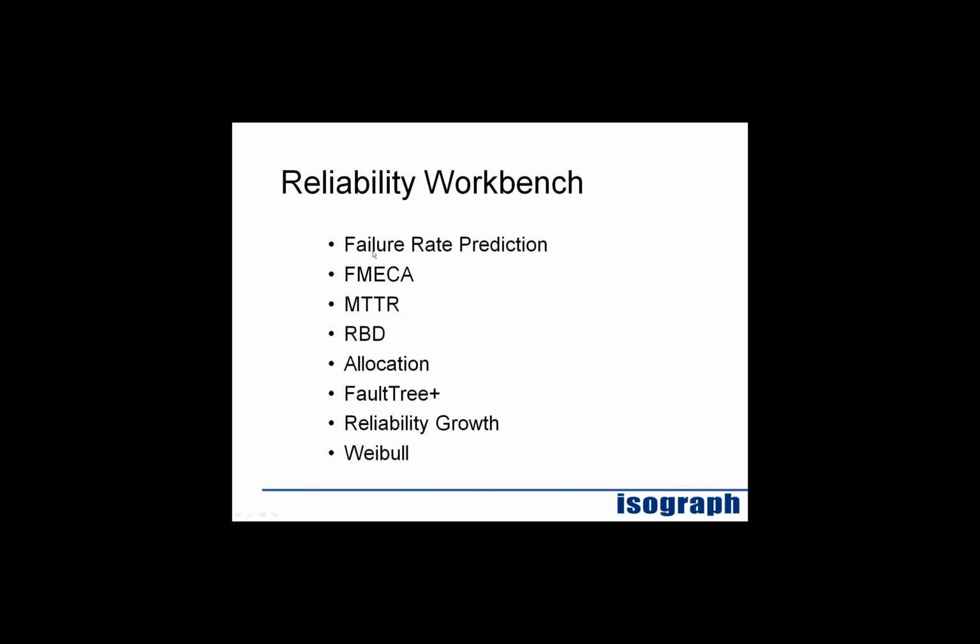So today we went through the FaultTree portion of the Reliability Workbench. We do have many modules in the Reliability Workbench if you're interested in things like prediction. The FaultTree includes Weibull, Markov, and event tree analysis, but we also have reliability growth, RBD, and several other modules in there.